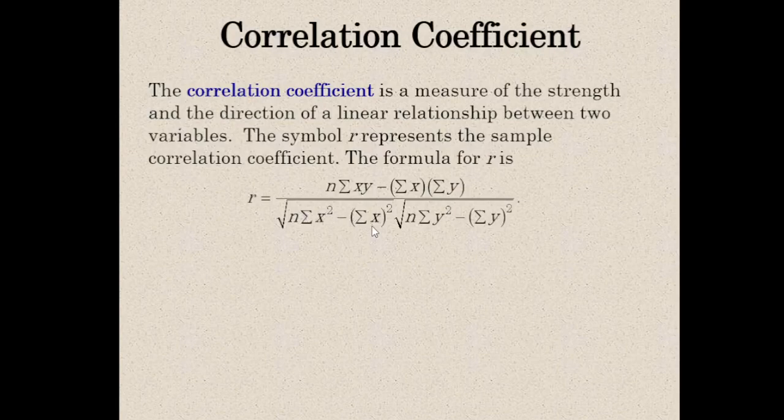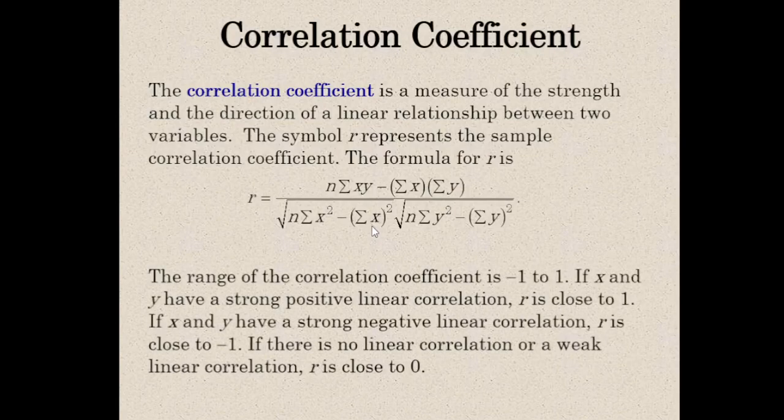So let's see. So if we are calculating correlation coefficient, it must have some value. So the value of correlation coefficient is ranging from -1 to 1. What this -1 indicates? So on the scale of -1 to 1, this -1 indicates that the relationship is strong negative linear correlation.